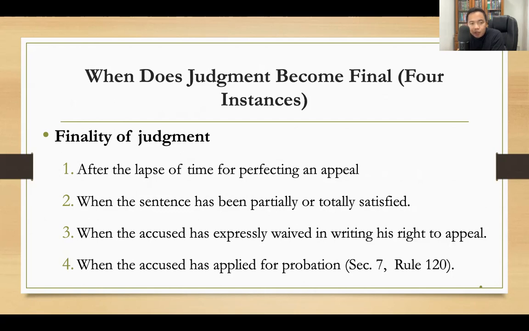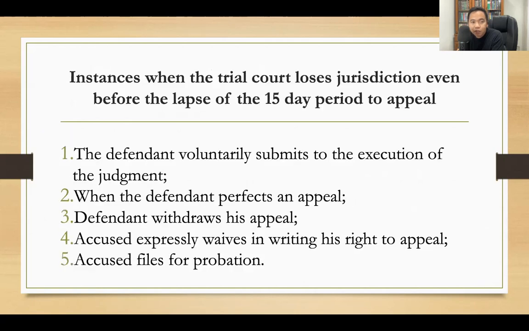It also becomes final when the sentence has been partially or totally satisfied, when the accused has expressly waived in writing his right to appeal, or when the accused has applied for probation. If the accused applies for probation, he is necessarily accepting the judgment of the court, and therefore, upon application for probation, the judgment becomes final.